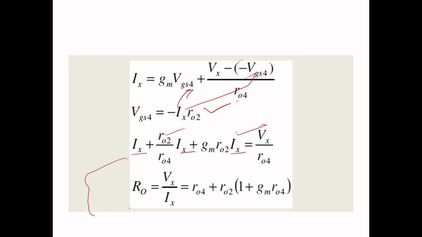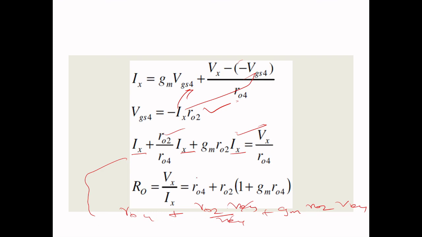So when you write r04 plus r02 into r04 divided by r04 plus gm r02 r04, we'll get the cancellation.